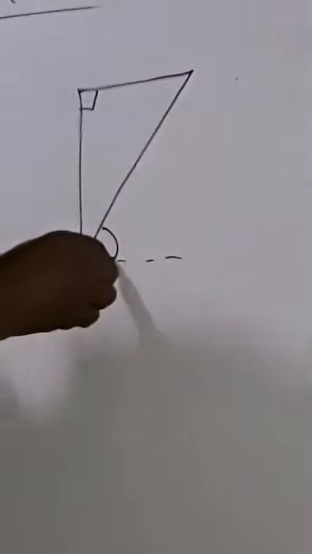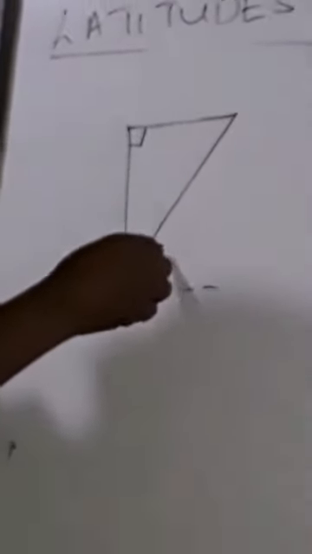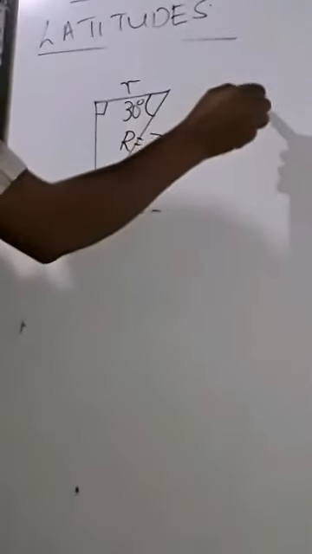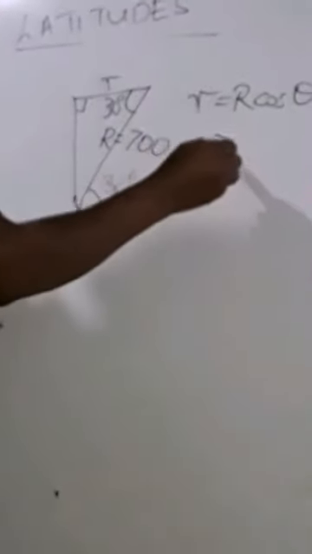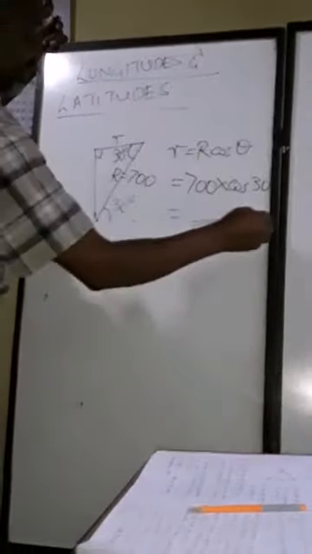We've been given AOB as 30, so even this one is 30, isn't it? And the radius is 700, this R. So we have said r is equal to R cos theta, which in this case will be 700 times the cosine of 30. And you can get the answer there.